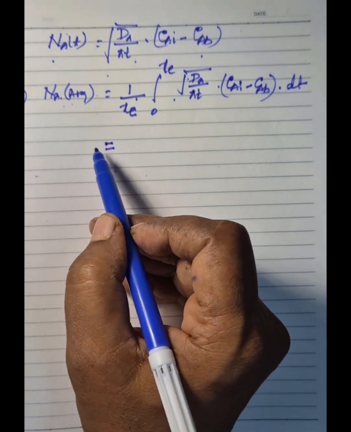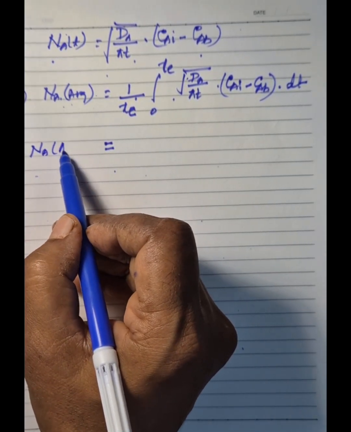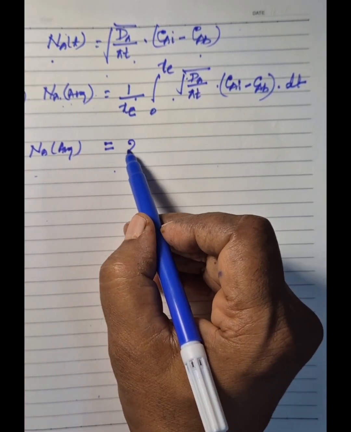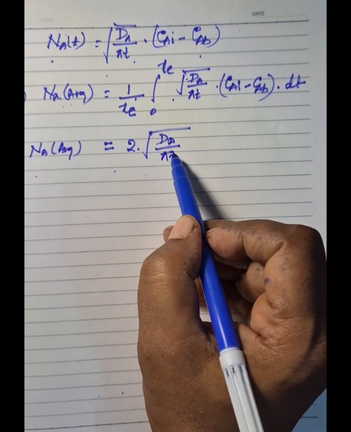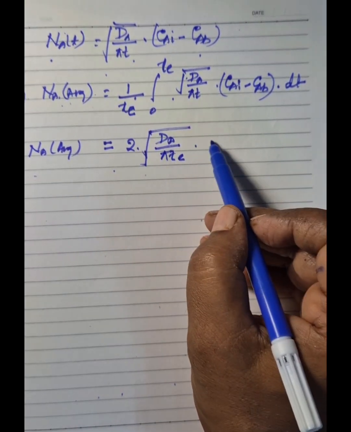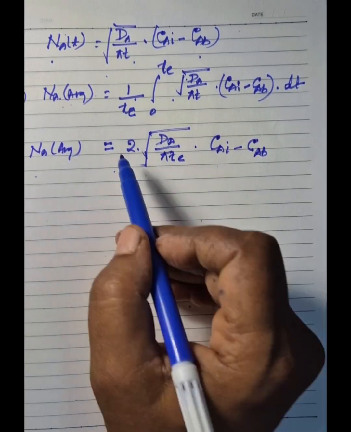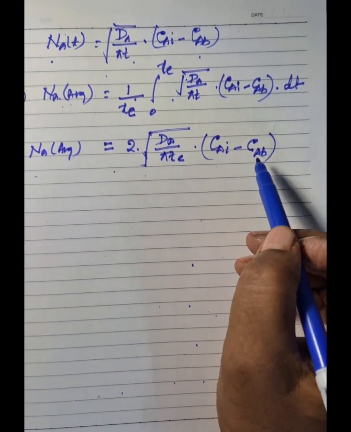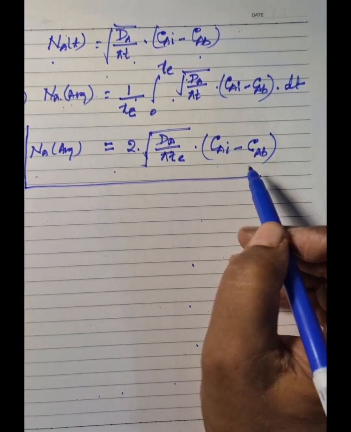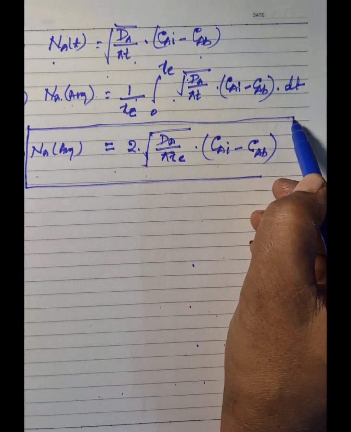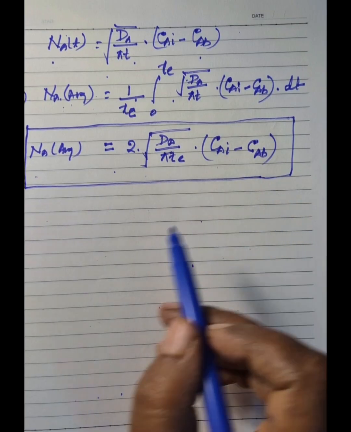So we get NA average given by 2 into the square root dA by pi T into CAI minus CAB. So this is the required solution of the diffusion equation, or Fick's second law, in the light of Higbie's penetration theory.